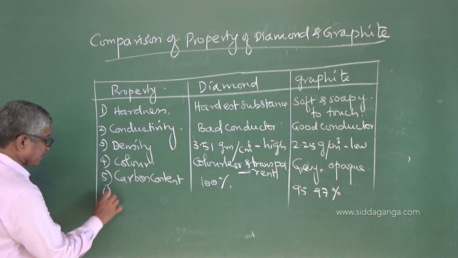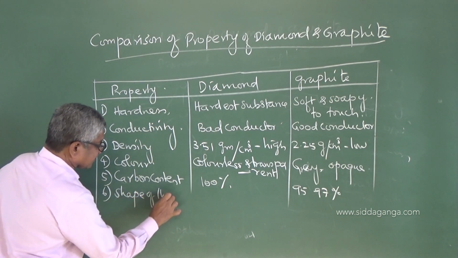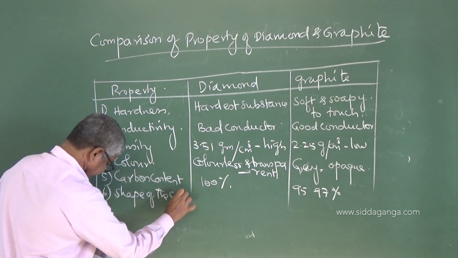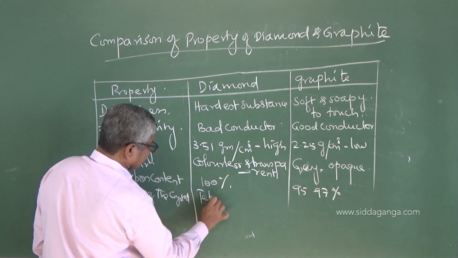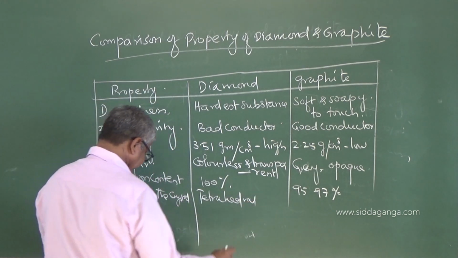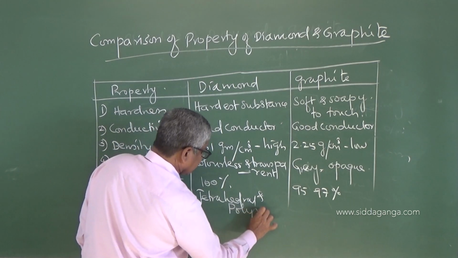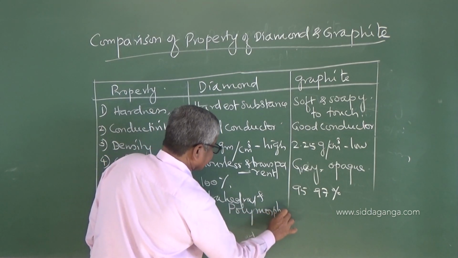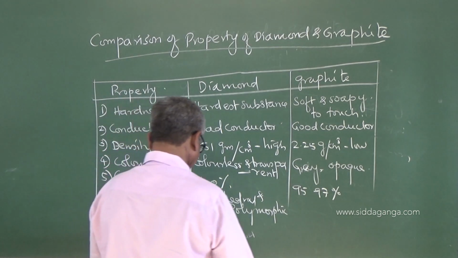Then shape of the crystal: diamond is tetrahedral and polymorphic.